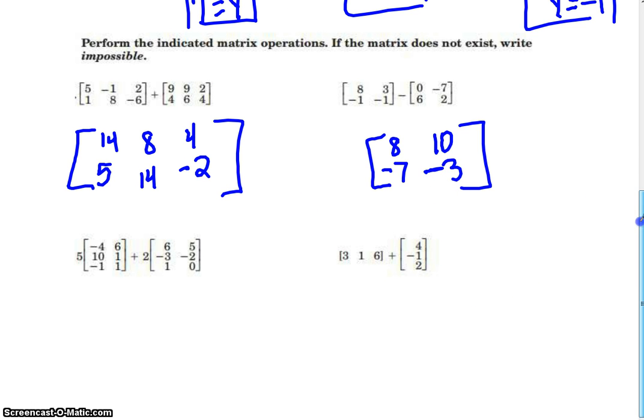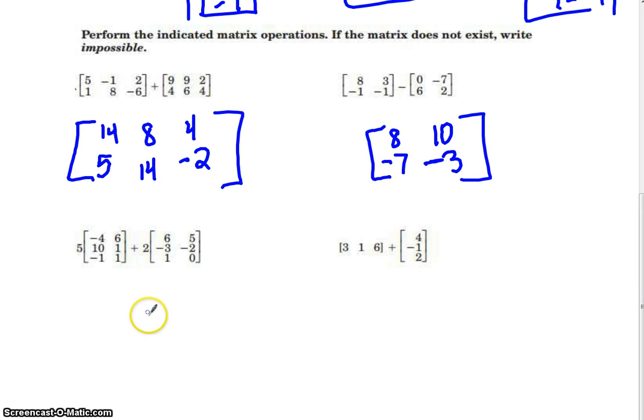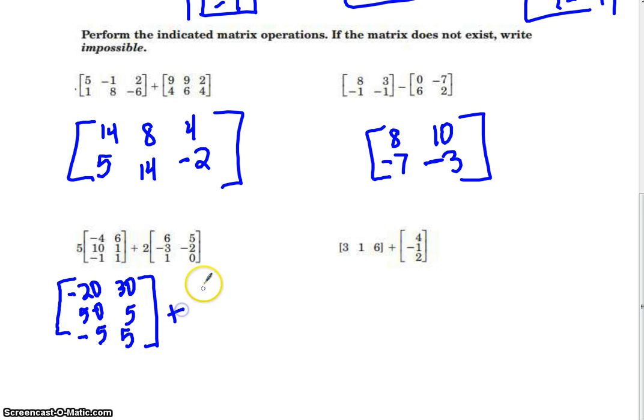Okay, so now on the next one, we have numbers in front of the matrices, so we're going to have to distribute first. So this becomes negative 20, 30, 50, 5, negative 5, and 5. Plus, this one becomes 12, 10, negative 6, negative 4, 2, and 0.